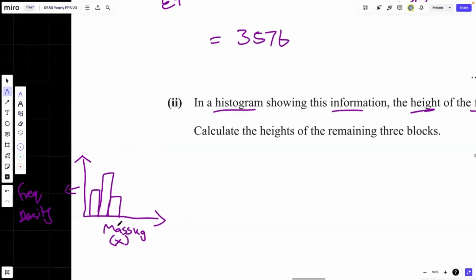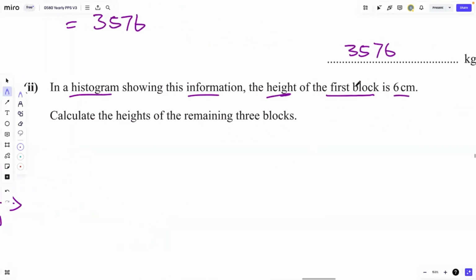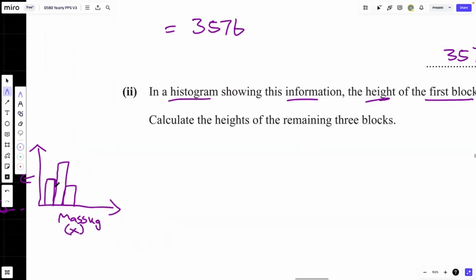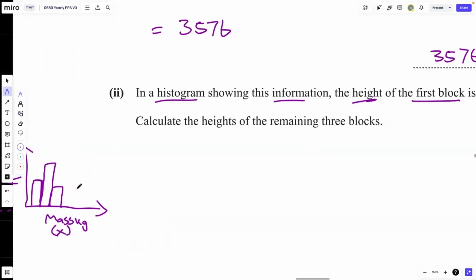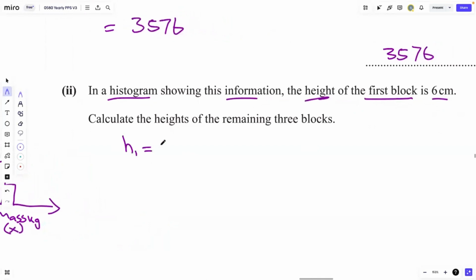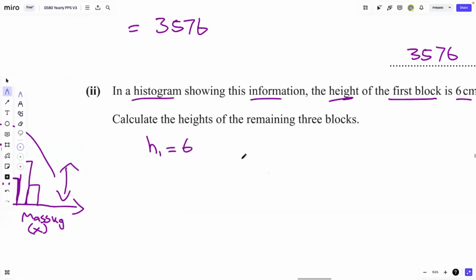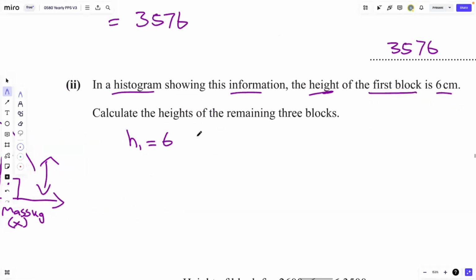So you have x-axis as the mass, and y-axis is not frequency, it's actually frequency density. So the height of the first block, as in the first bar, is 6. What is the height on a histogram? It's actually frequency density. So frequency density is 6 for the first block.